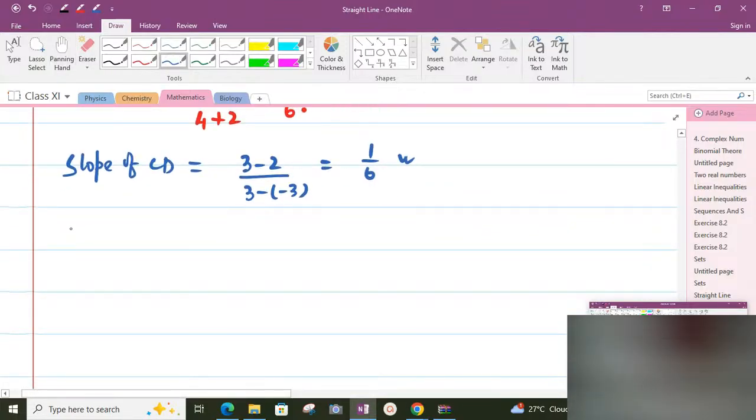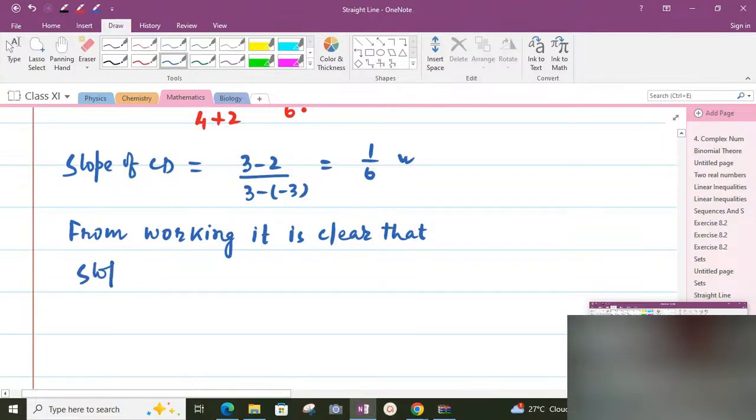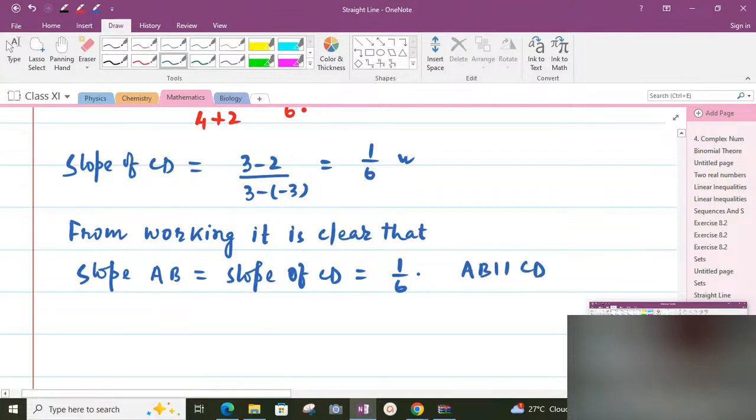From working it is clear that slope of AB equals slope of CD equals 1 by 6. Therefore, AB is parallel to CD.